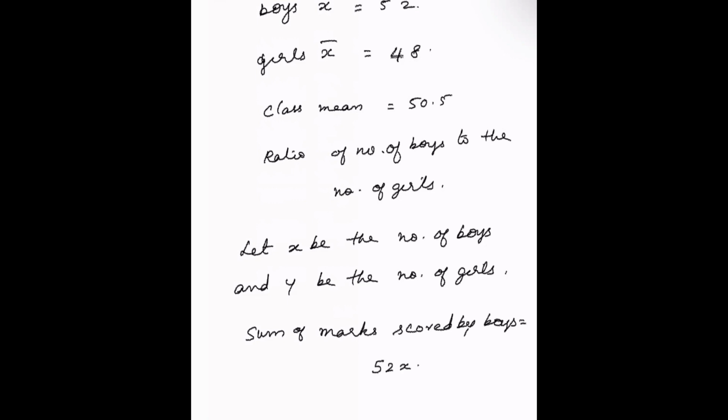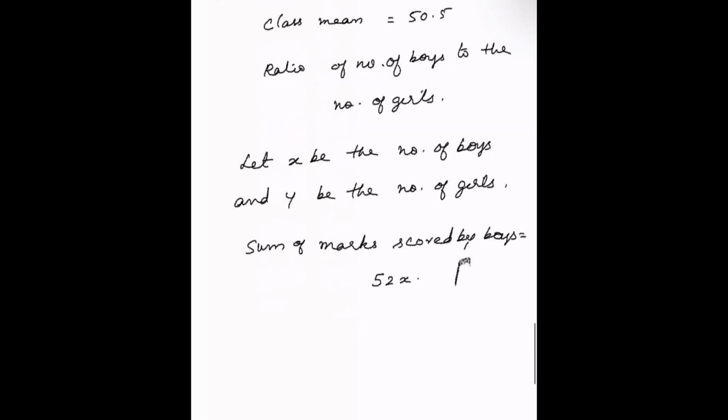How am I getting 52 into x? That I'll show you here. 52 is equal to sum divided by x. x is the number of boys. So sum of observations is 52 into x. I hope this is clear now.